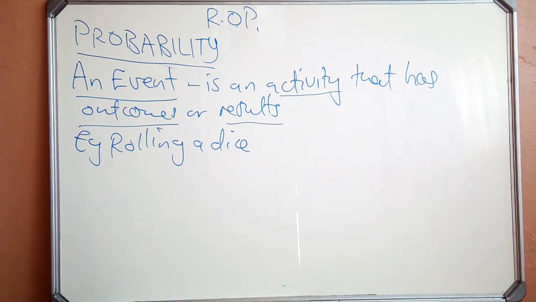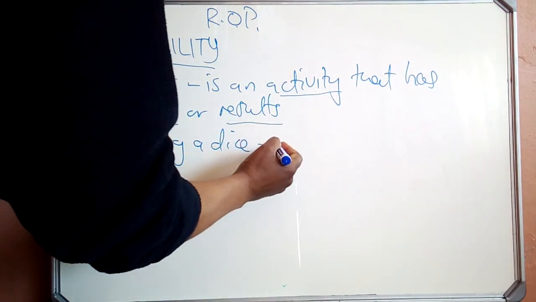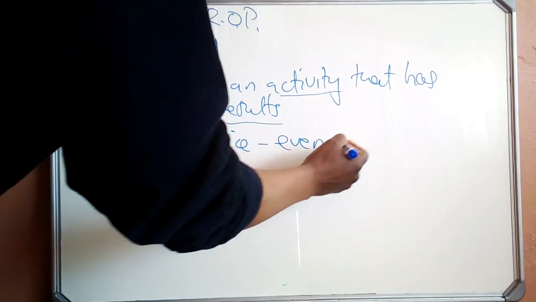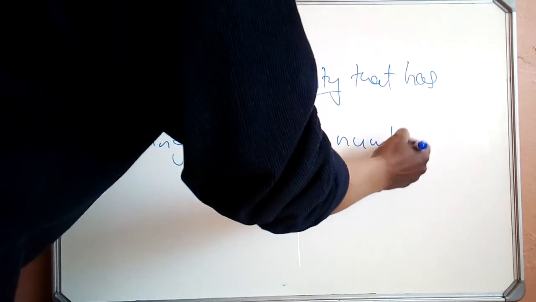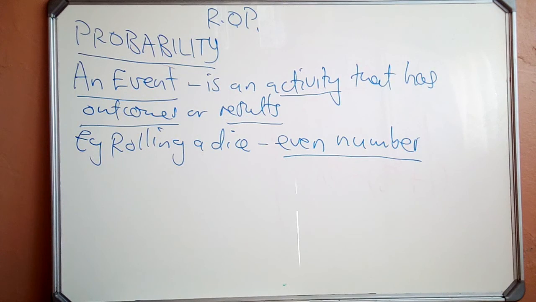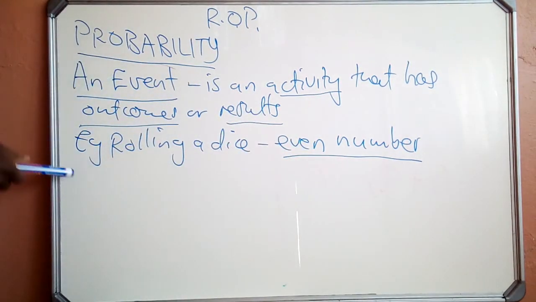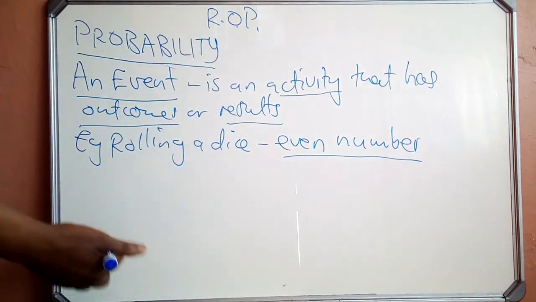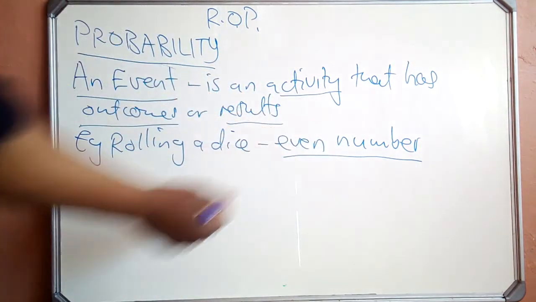Rolling an even number on a dice is an event. If the dice falls on an even number, that's the event that we're looking at.